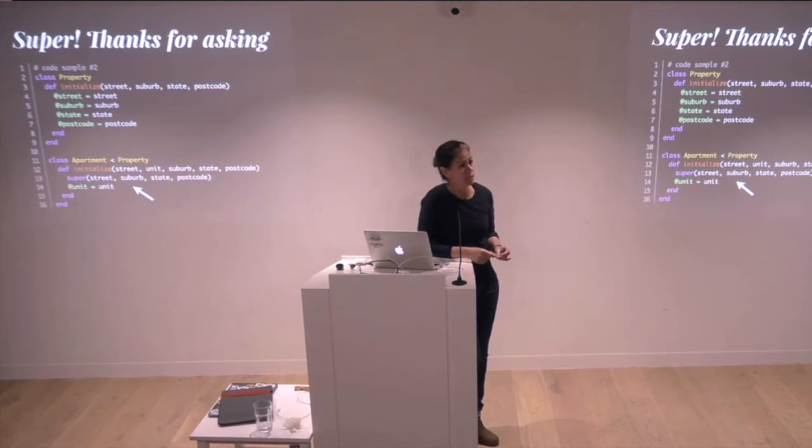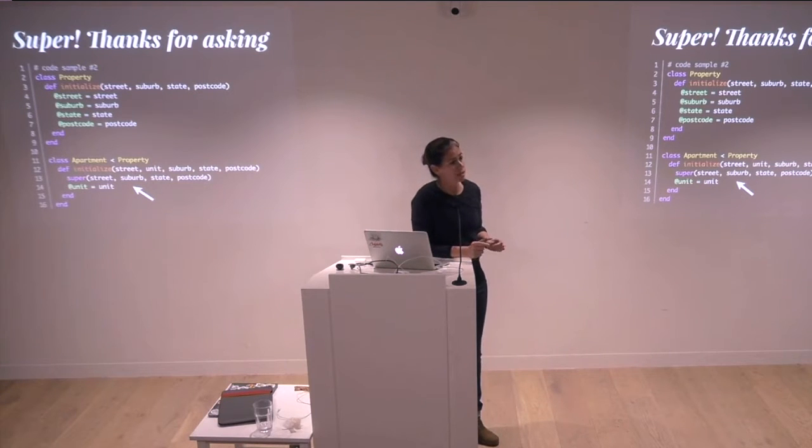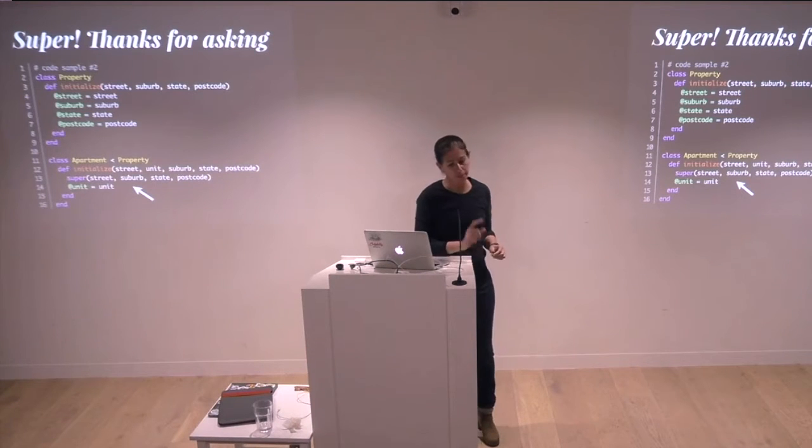Because it's an apartment, it also needs a unit number. As you can see here, we need to call super first to be able to initialize and set all those variables, and only then set unit. Super doesn't usually need to be first, but in this case it does.